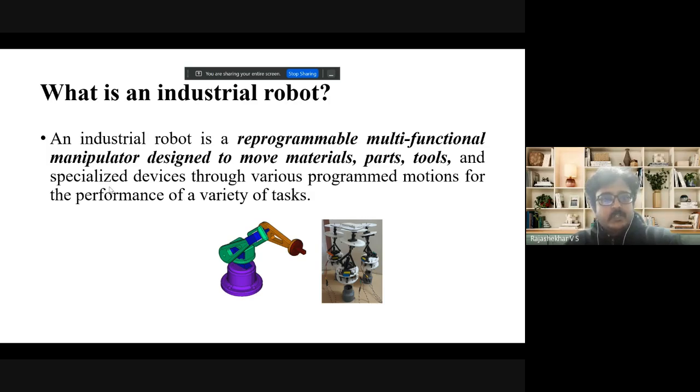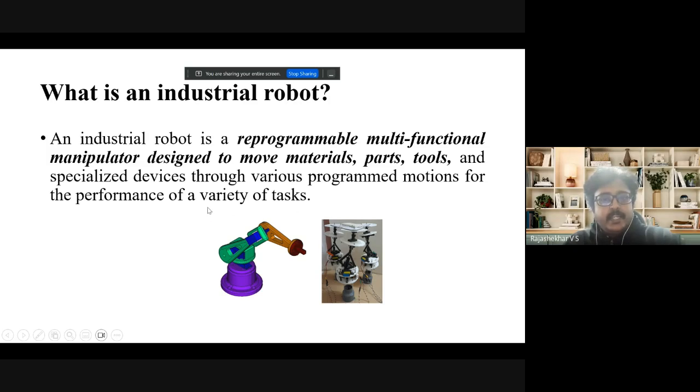Now we'll get into the definition. This definition is given by the American Robotics Association, which is currently not that active. But when industrial robotics took a revolution in the US, they had given this definition: reprogrammable, multifunctional manipulator designed to move materials, parts, and tools for specialized devices for various programmed motions to perform a variety of tasks.